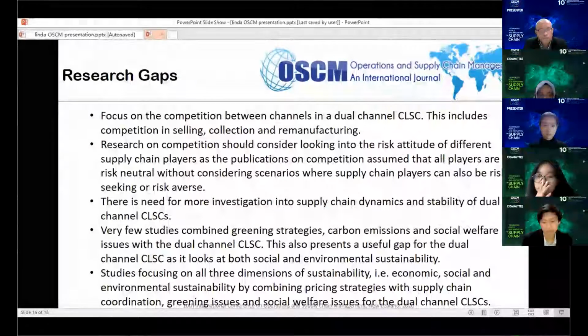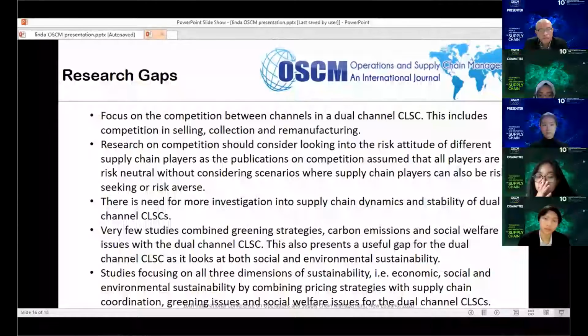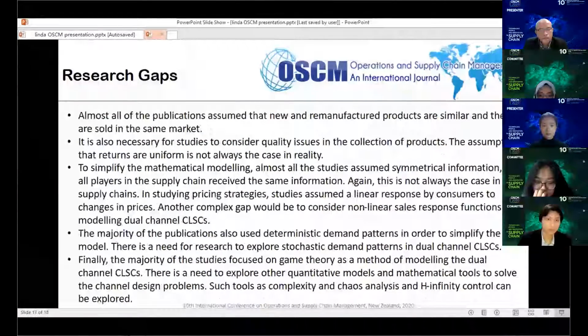Most of the studies focus on economic sustainability. There are very few focusing on social and environmental sustainability, and they need to combine pricing strategies with supply chain coordination, green issues, and social welfare issues for the dual channel supply chains.